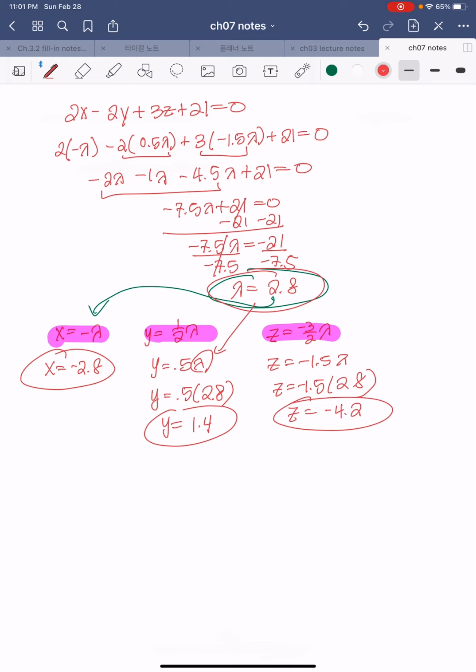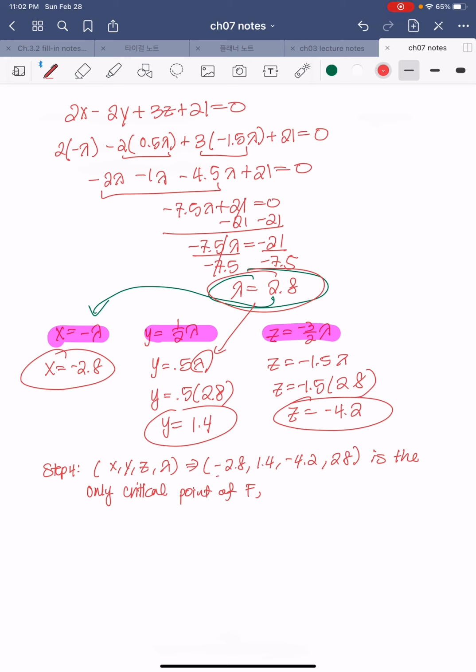Plus the lambda. So my ordered pair, my critical value, will look like this: x, y, z, lambda, which is negative 2.8, 1.4, negative 4.2, comma, my lambda 2.8. This is the only critical point of f.